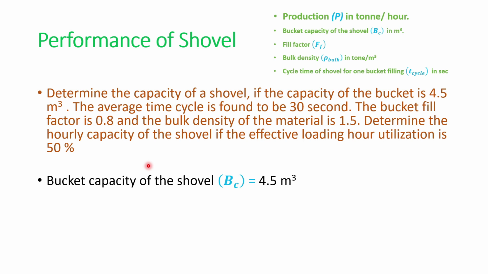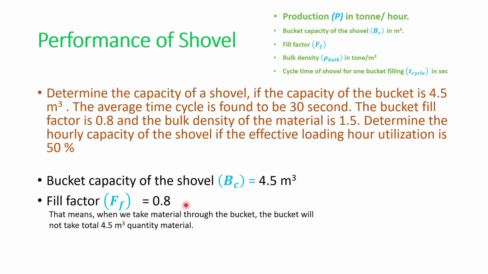So here it is given the bucket capacity is 4.5 meter cube, and the fill factor is 0.8, that means 80%. That means when you take the material through the bucket, it will not take the total 4.5 meter cube quantity of material. You're getting the point.